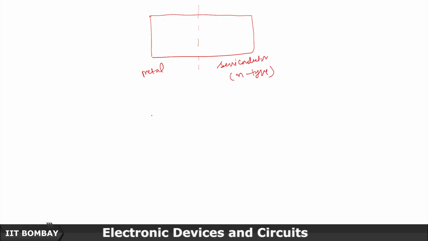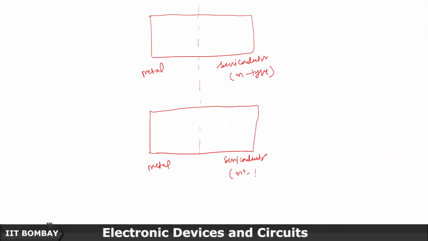And similarly, we have a metal semiconductor case. Here it is N plus type. Okay. So more doping. Let's say phi m is greater than phi s.